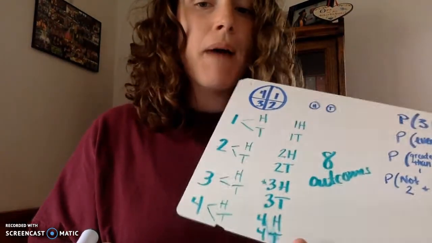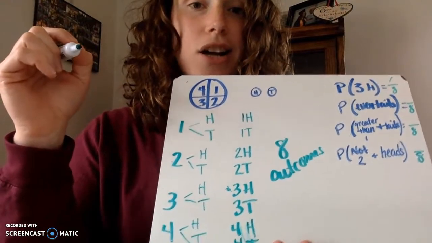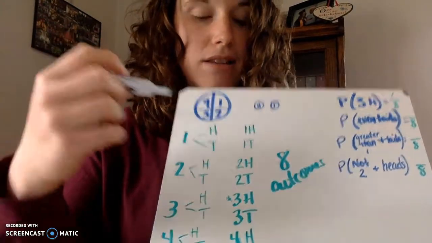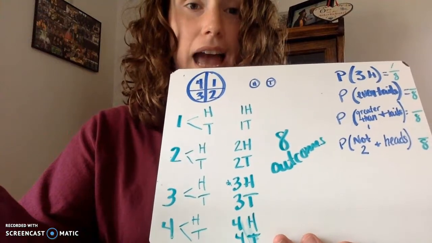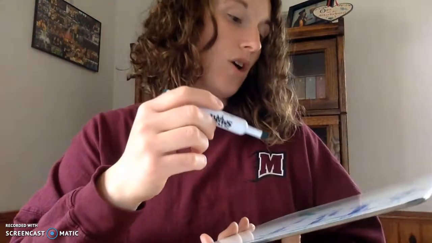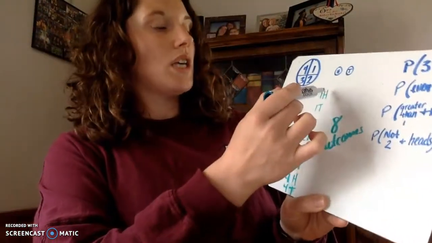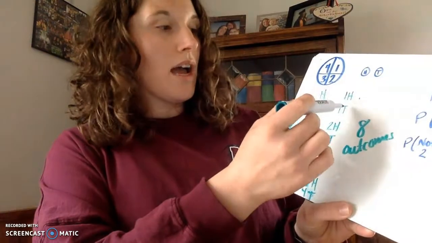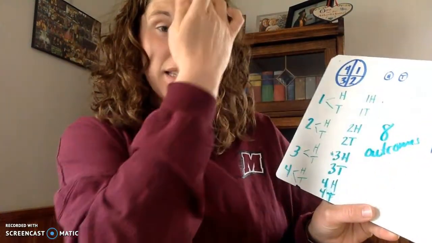I'm going to skip down to the last one, the probability of not a 2 and getting a heads. So I look up here, how many times do I not have a 2 and a heads together? I don't have a 2 here, and that's also a heads. I don't have a 2, but I have a tails, and that's not what I want. Here I have a 2, here I have a 2.